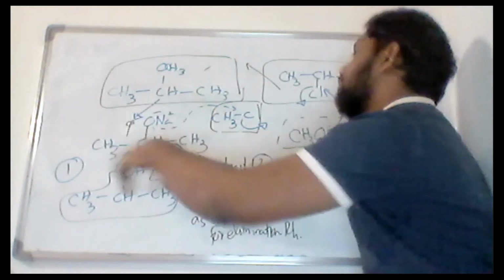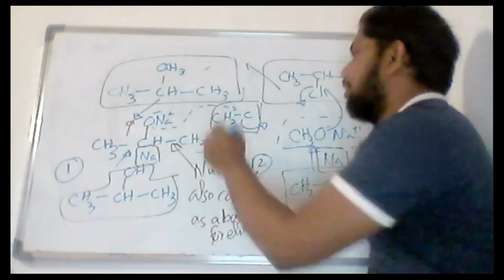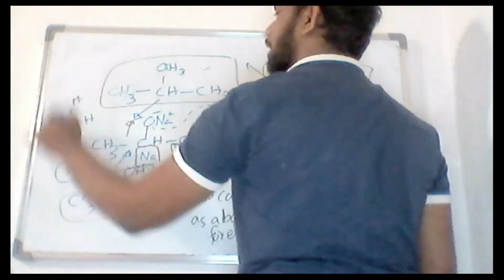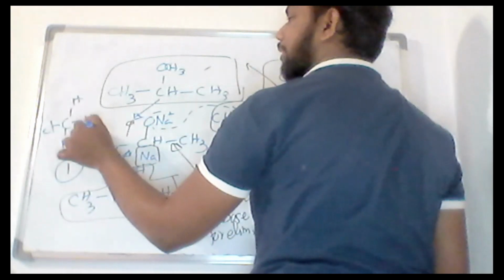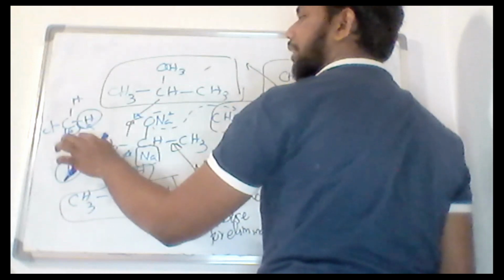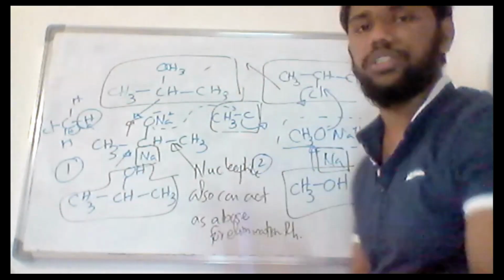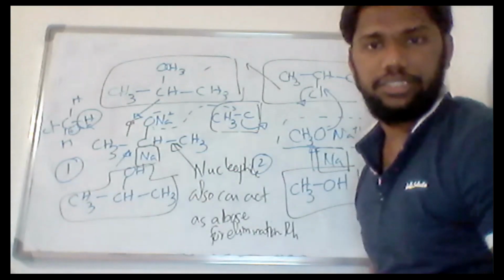So if this is our base, it should attack this hydrogen and remove this. There will be a positive charge here, and there is nothing to lose to form the double bond to complete the positive charge.